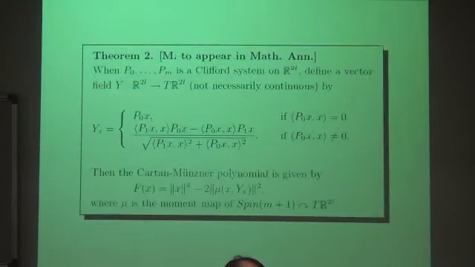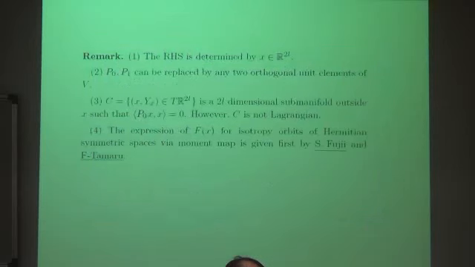Now, of course, we use this vector field, but the right-hand side only depends on x, because if we have x, then yx is determined. So this is a function on the point of R^2l. Also, here we use P0 and P1, but this has freedom.